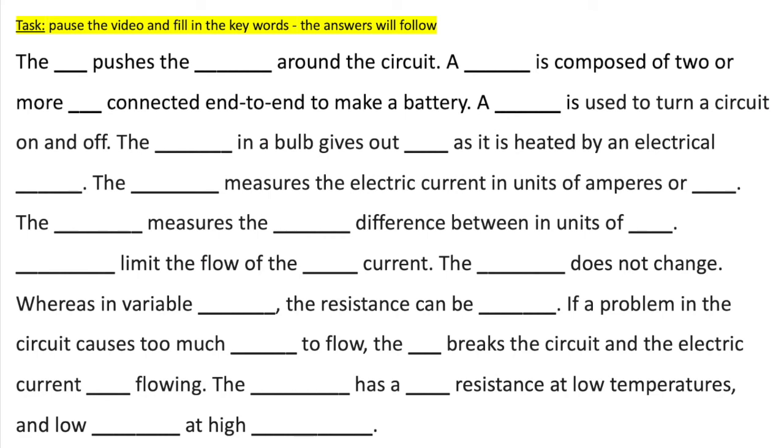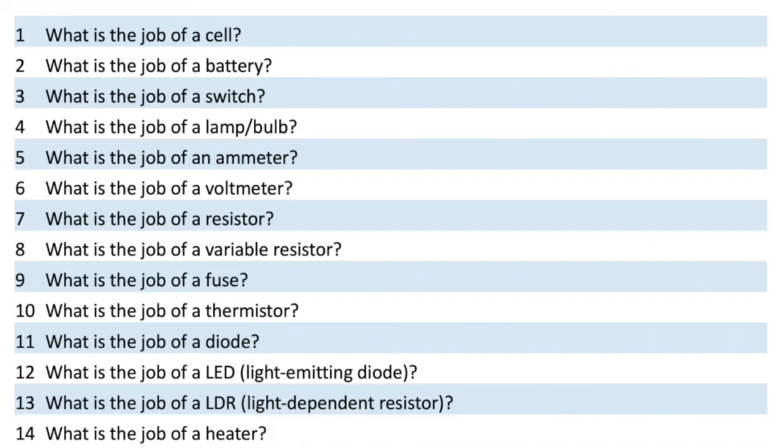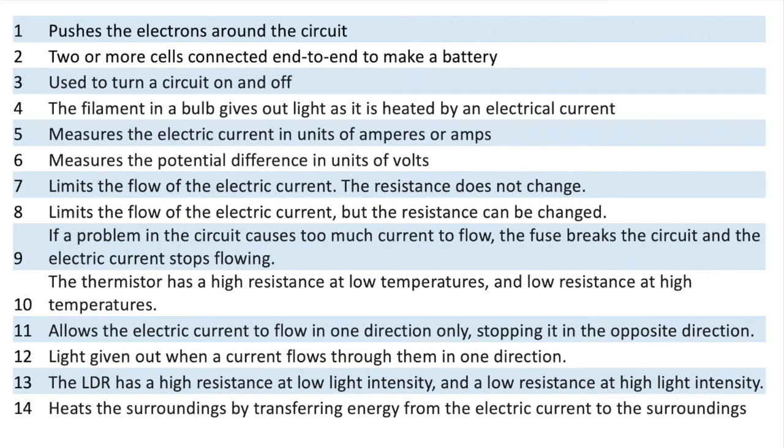The answers will follow. Press pause to answer the questions. The answers will follow. If stuck, just rewatch the video. Press pause to go through your answers and make any corrections to your mistakes.